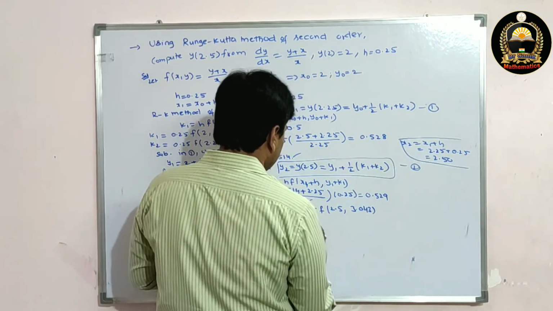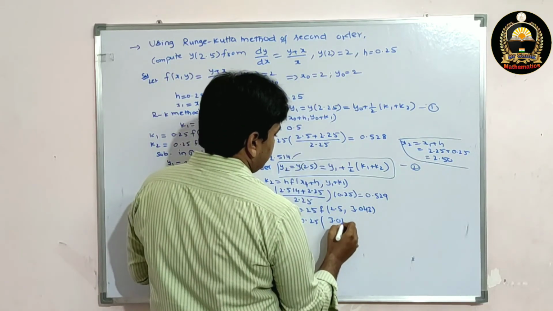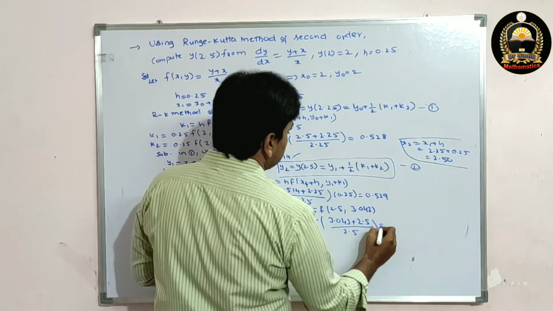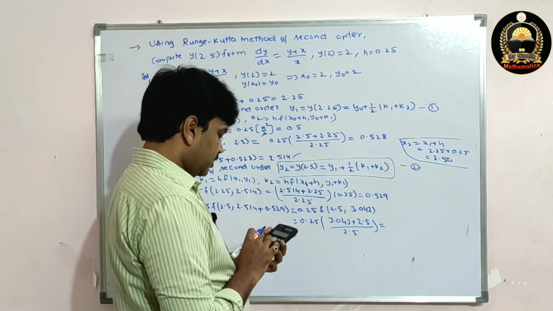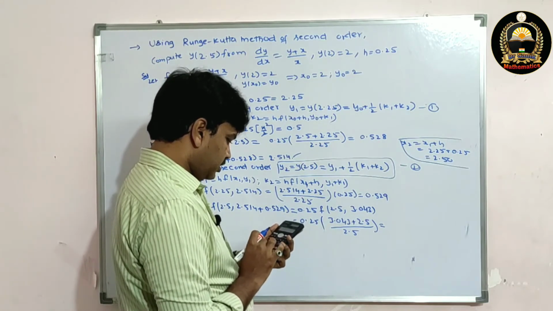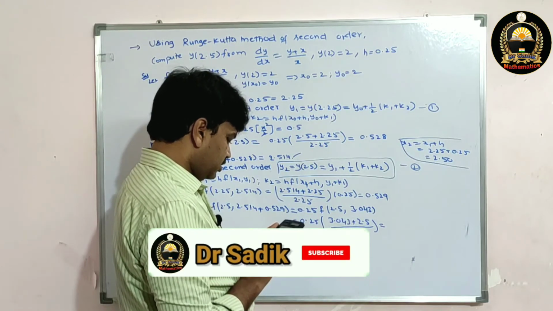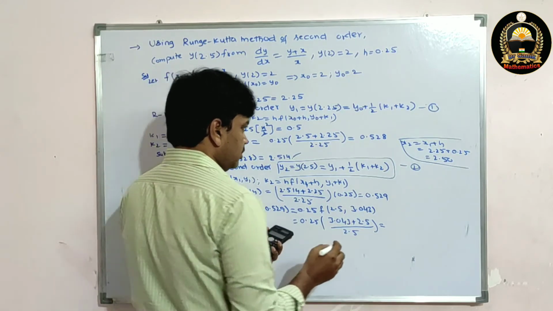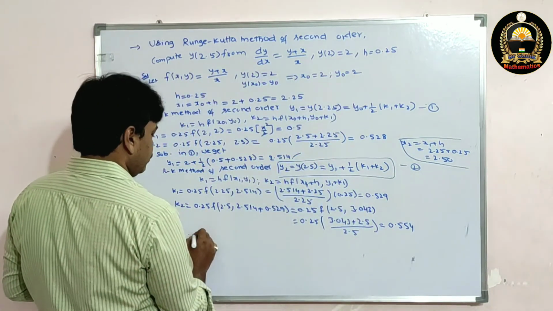That is equal to 0.25 (y plus x)/x, so 0.25 into (3.043 plus 2.5) divided by 2.5, that is equal to 0.554.